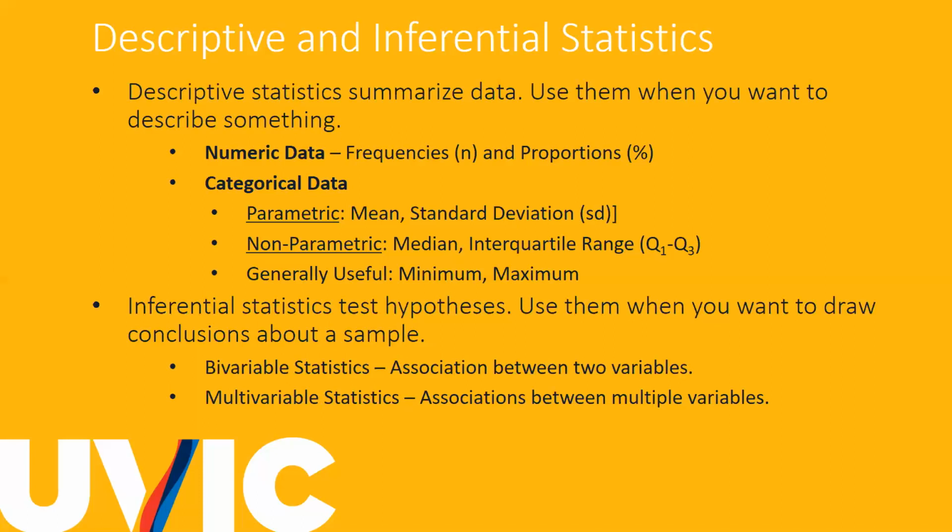If you are using matching, restriction, or some other design-based way to control for confounding like randomization, then you can worry a little less about multivariable approaches, because the confounders should be randomized between the groups, or you should be matching based on those potential confounders in the design of your study.